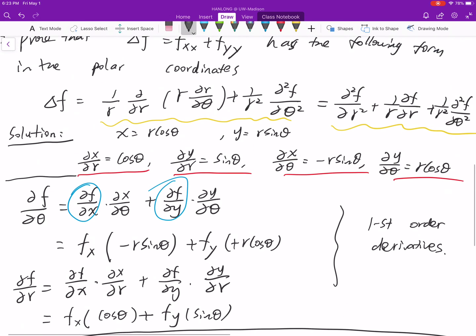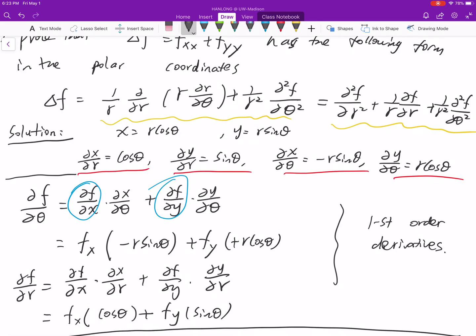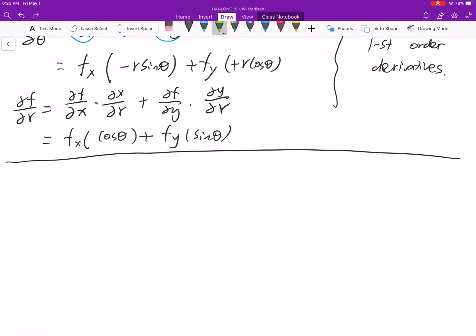Okay, next, look at your right hand side. You only have partial rr, so let me write partial r, partial r, and partial theta, partial theta. You don't need to calculate the cross term, partial theta partial r, because on the right-hand side you don't have that. Therefore, in the following, we will compute this derivative.